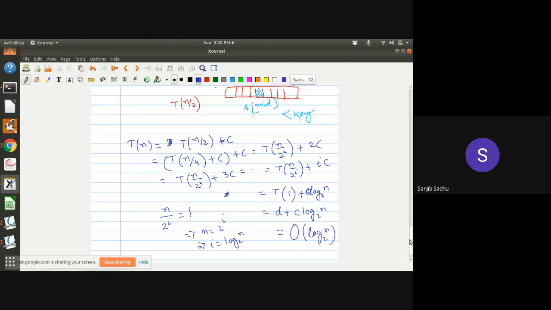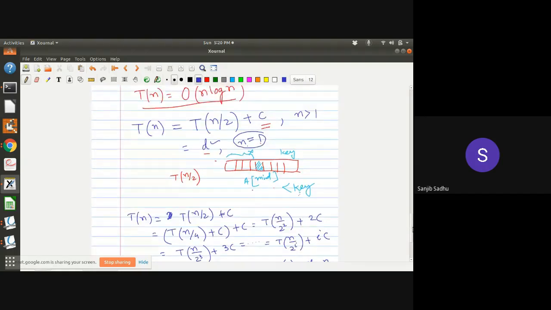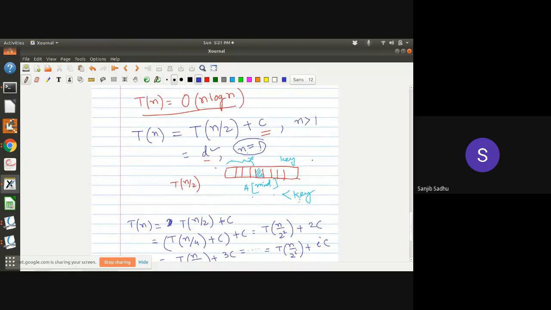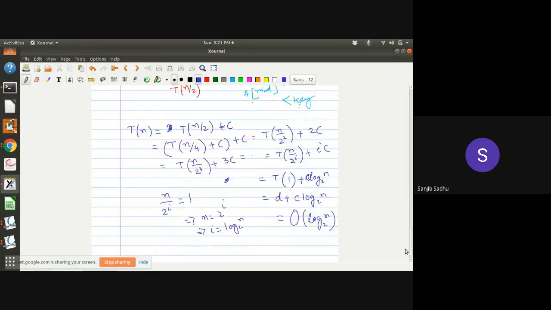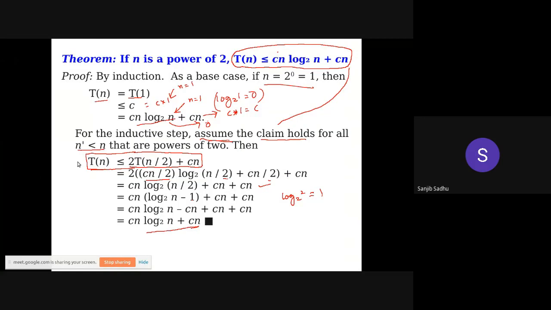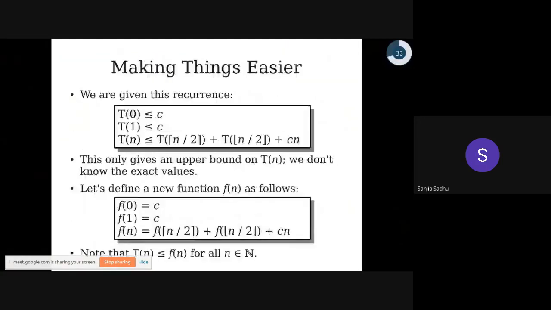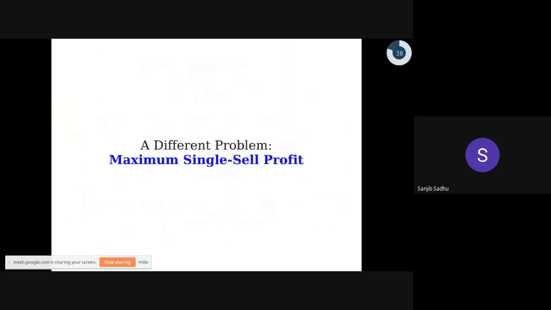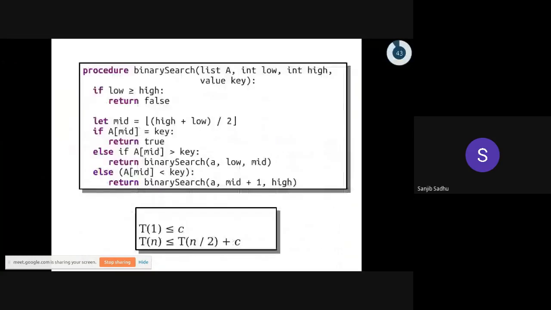Please try to remember this: T(n/2), half of the elements are there, and that will be C. That is the binary search that I was saying.